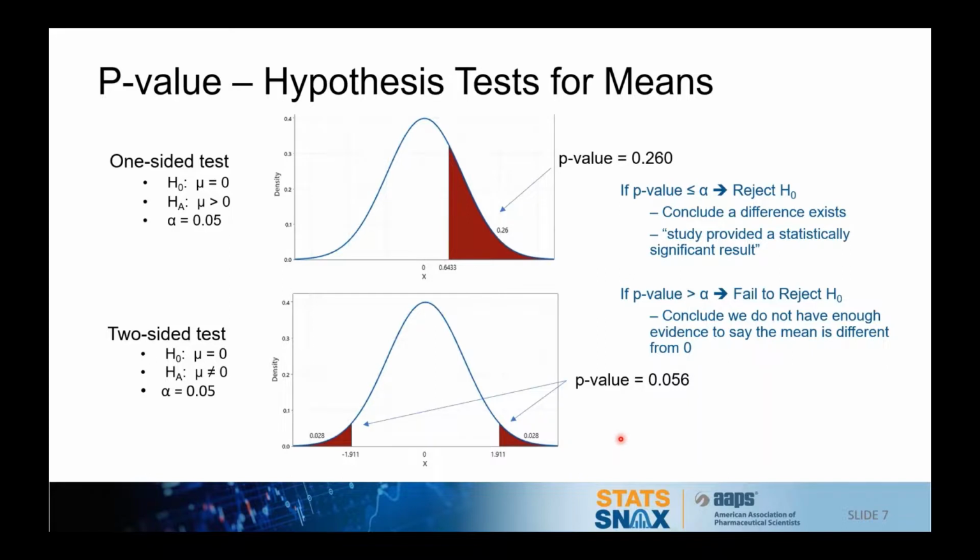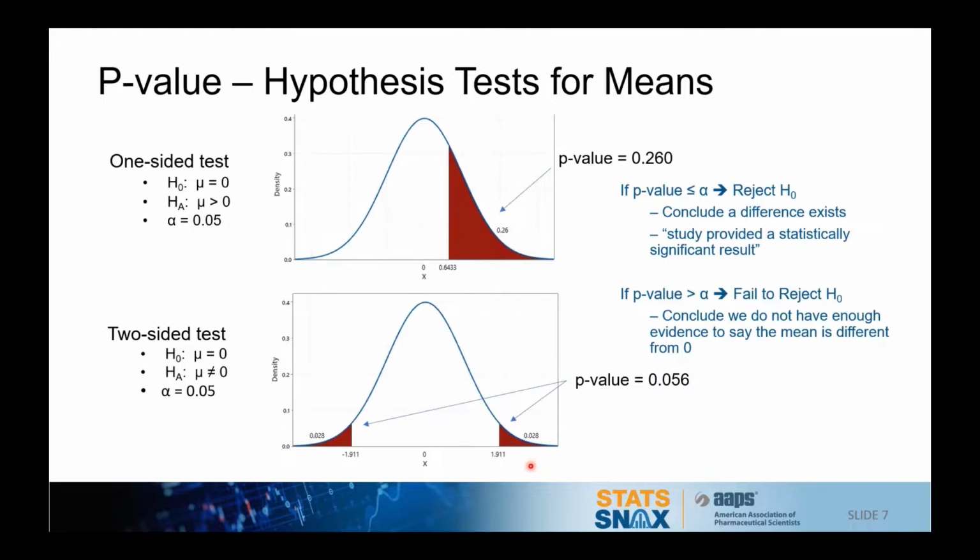Note that because this is a two-sided hypothesis test, the shaded area is split into two with an area of 0.028 on the left and 0.028 on the right, for a total probability of 0.056.